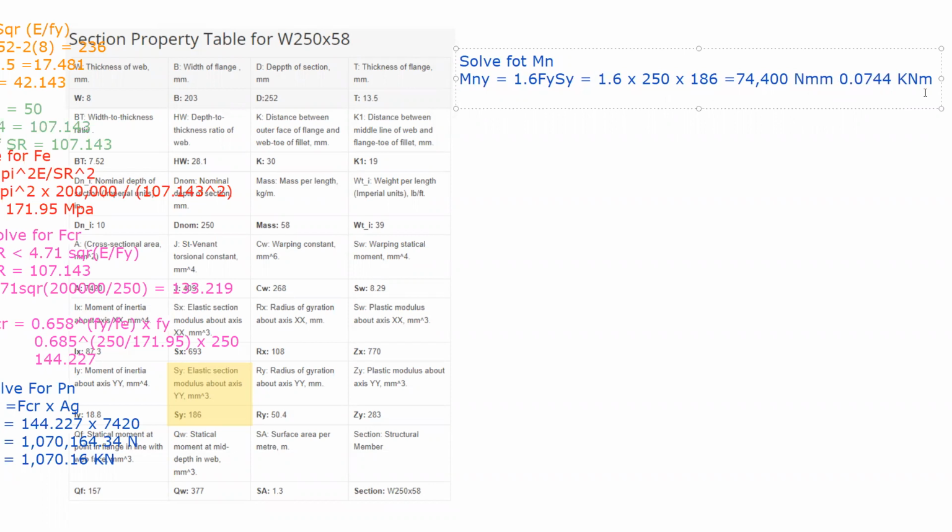Next, we have M and X. And this is Fy, say X. Fy natin is 345 megapascal. Zx, let's look for Zx. That is over here. So 770.